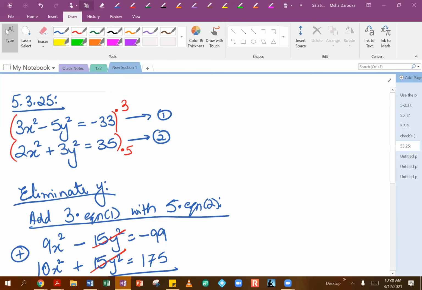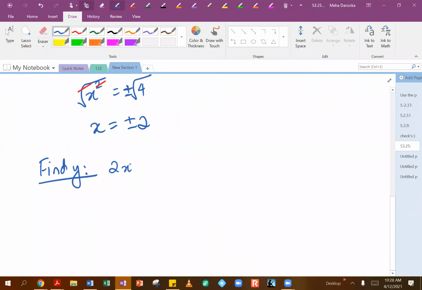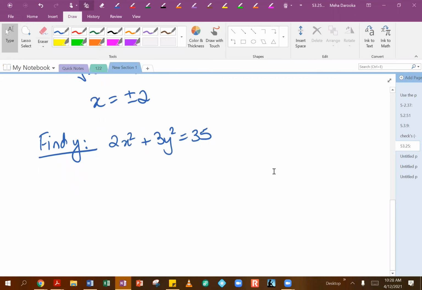And that guy is 2x squared plus 3y squared equals 35. So let's start with x equals 2, and then we will do x equals negative 2.